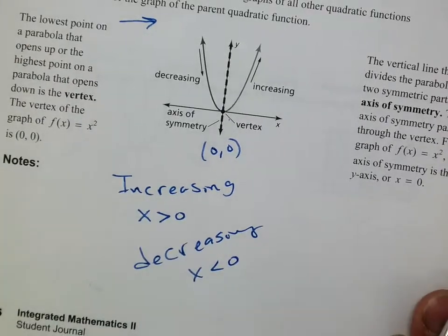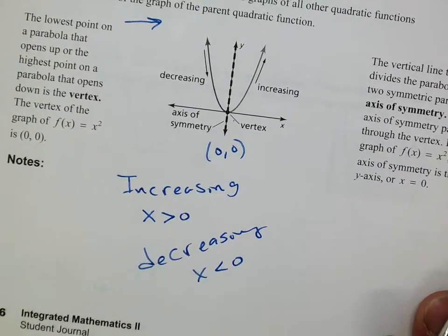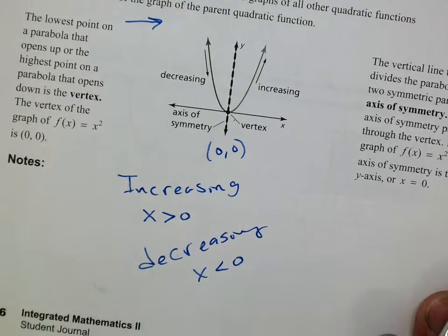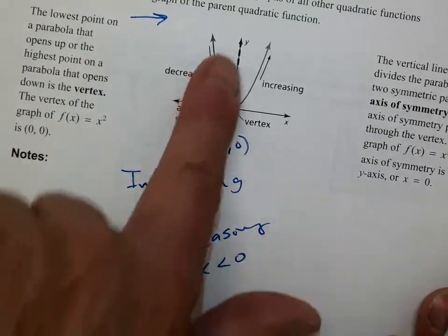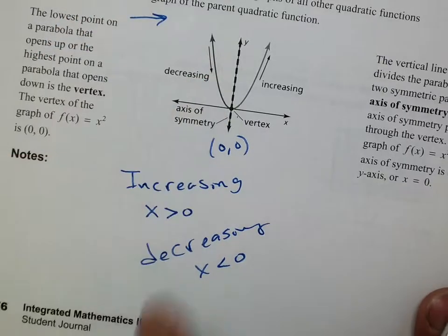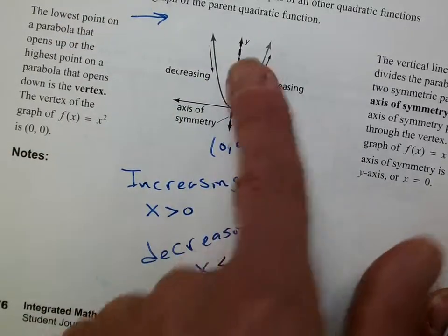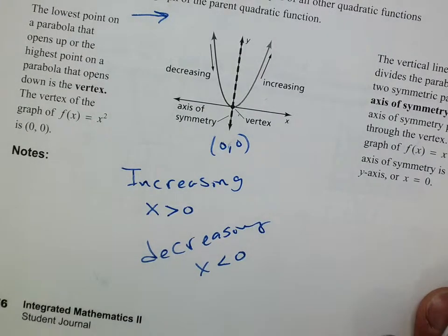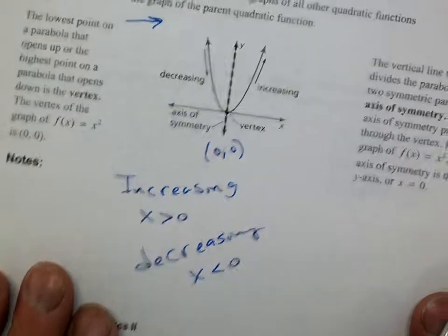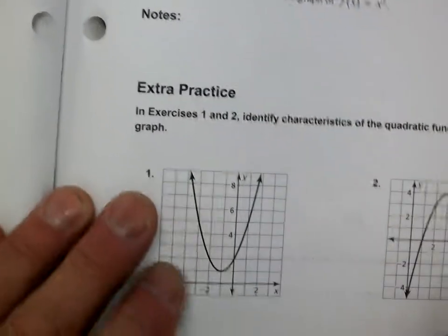Right at 0, it's neither increasing nor decreasing, it's just at the bottom of the hill. You're coming downhill on this side of the graph, and going uphill from this side. Thumbs up so far? Does that make sense? It's always going to be at the vertex where it either goes up or down. Okay, let's move it on over.